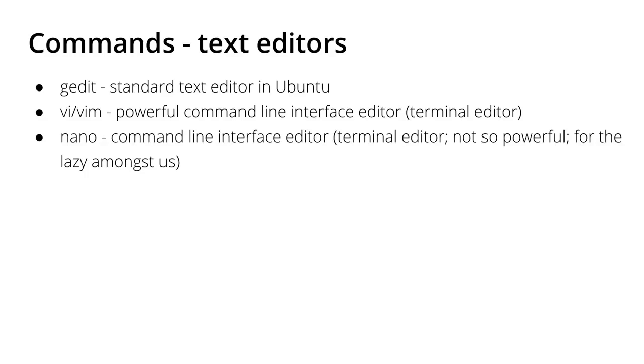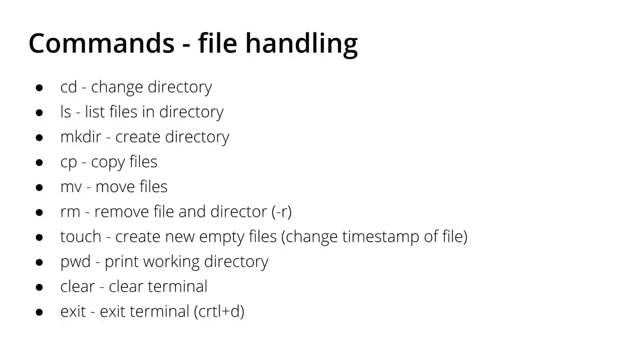Let's just start with the first goal, and as you see here, this is the list of the commands I want to handle at the beginning. This is cd, which changes the directory, then we will list the files in a directory, create a directory, copy files and then move them, and remove files and directories.